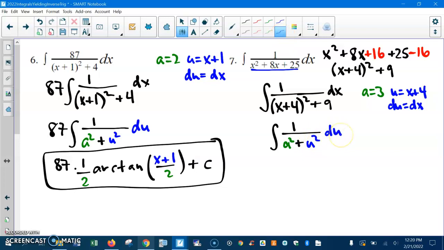And that turns into giving me an antiderivative of 1 over a, which is 1 over 3, times the inverse tangent of u, which is x plus 4, over a, which is 3, plus c.